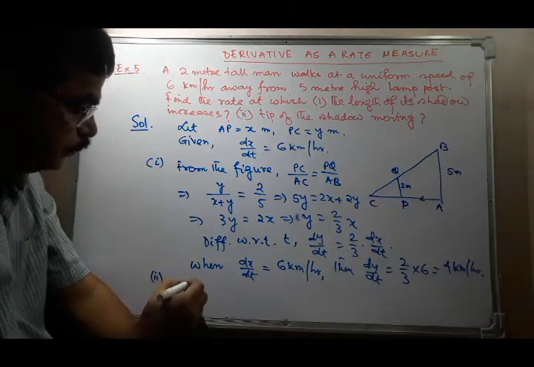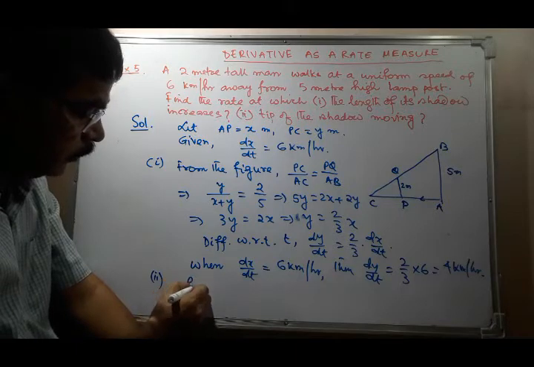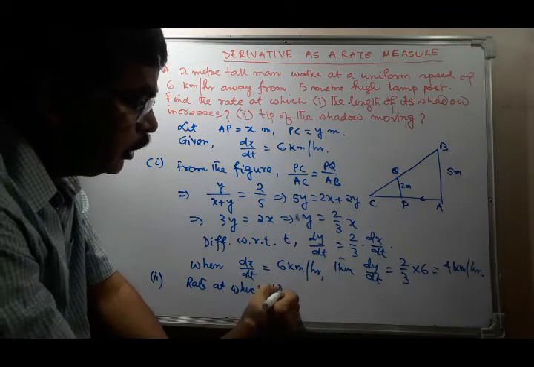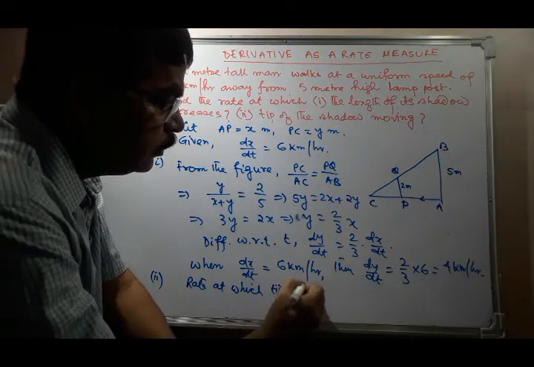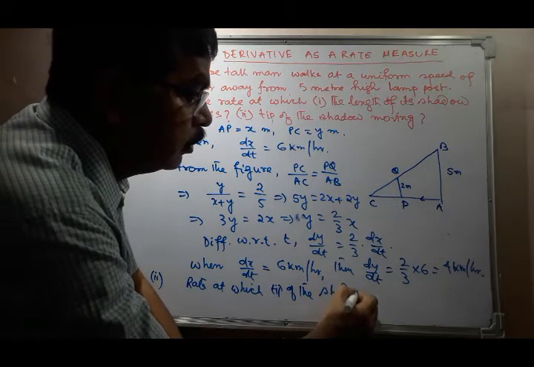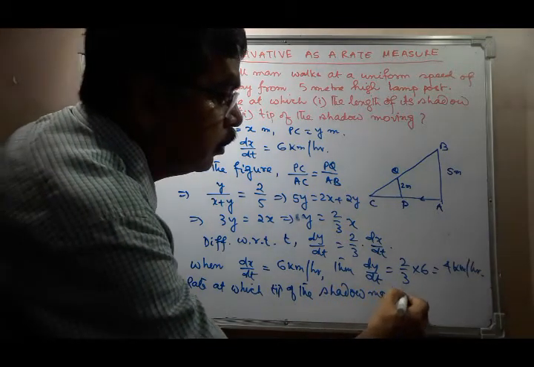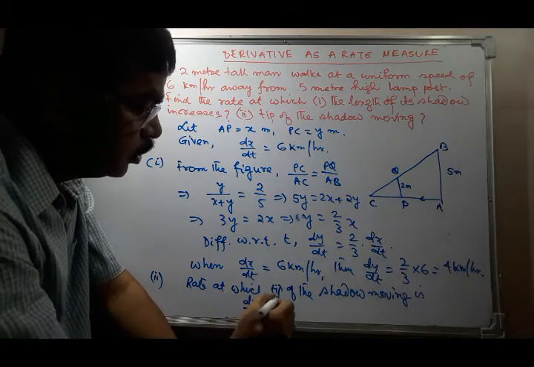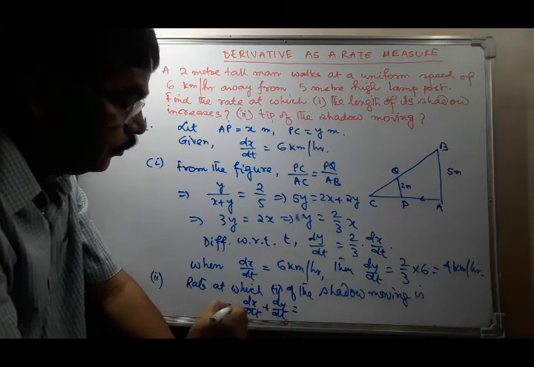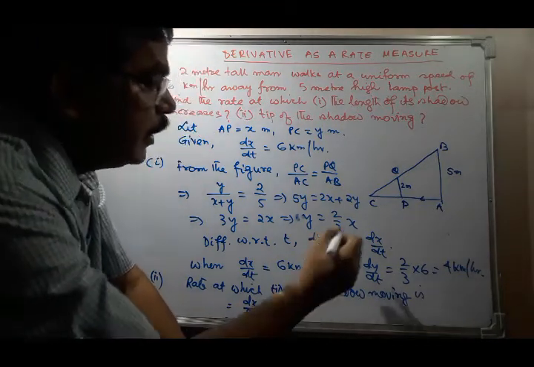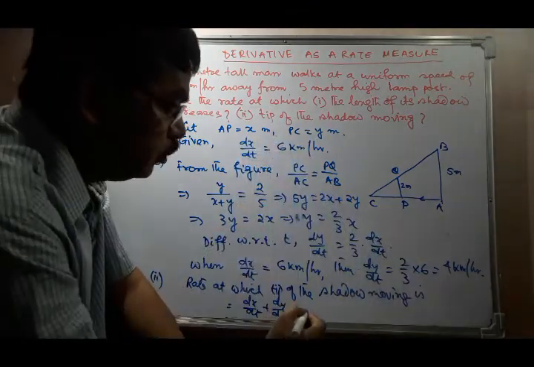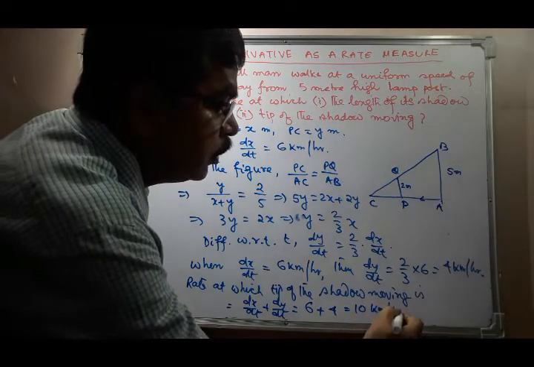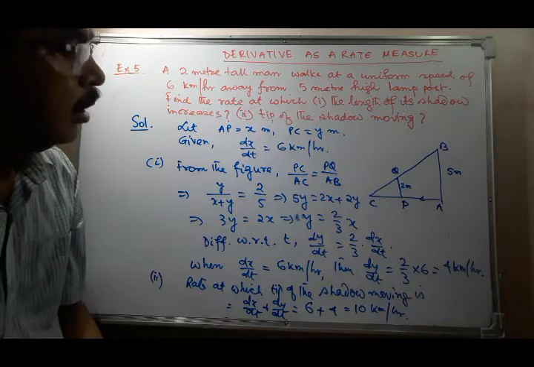So therefore, the rate at which the tip of the shadow is moving is dx by dt plus dy by dt. dx by dt is already given, 6 kilometer per hour. 6 plus 4, that is 10 kilometer per hour. So this is the answer.